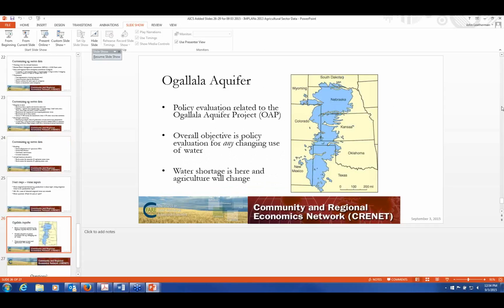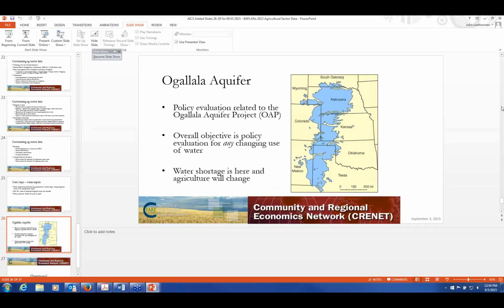The Ogallala Aquifer, as you're all aware, is facing some significant challenges, and I'm hopeful that I'm going to be able to secure the resources necessary to contribute to that, first by incorporating irrigated water inputs into the Kansas portion, and then ultimately extending what we've learned here to the entire Ogallala Aquifer region.